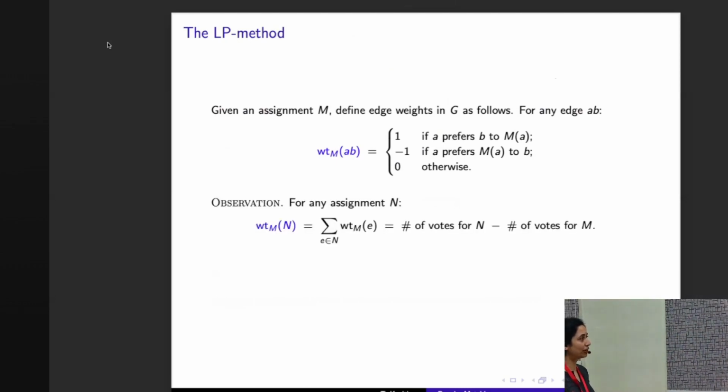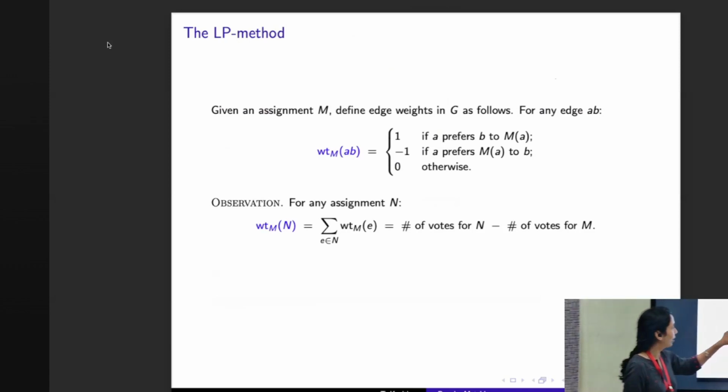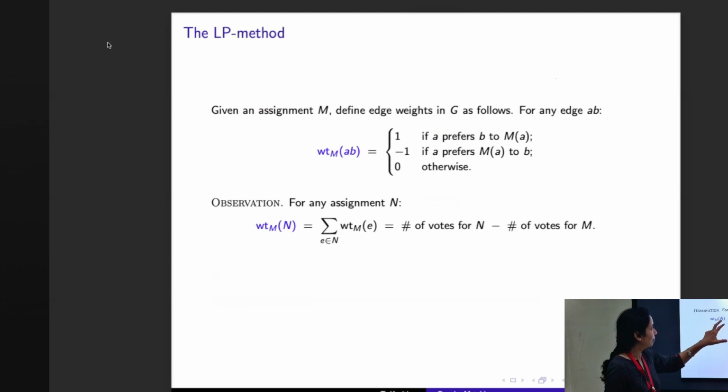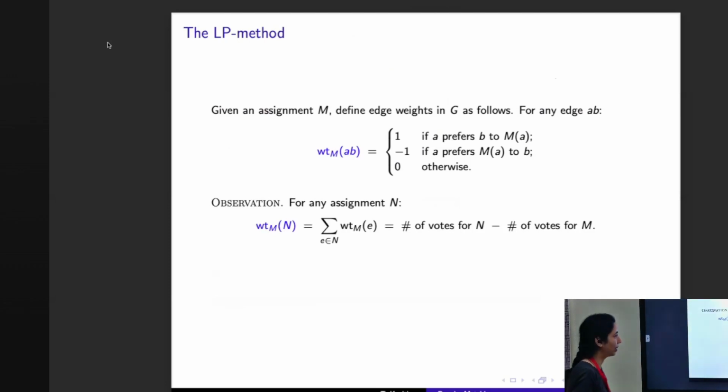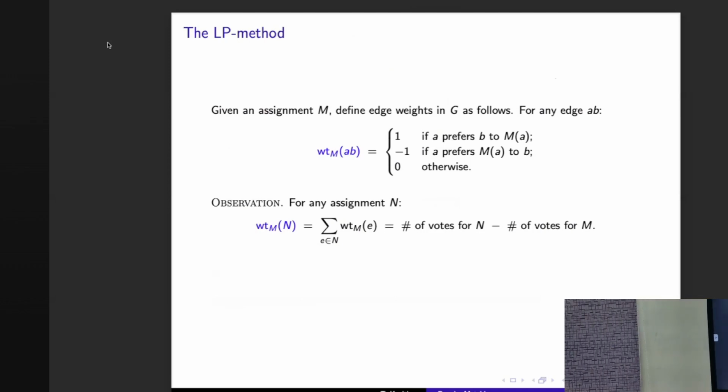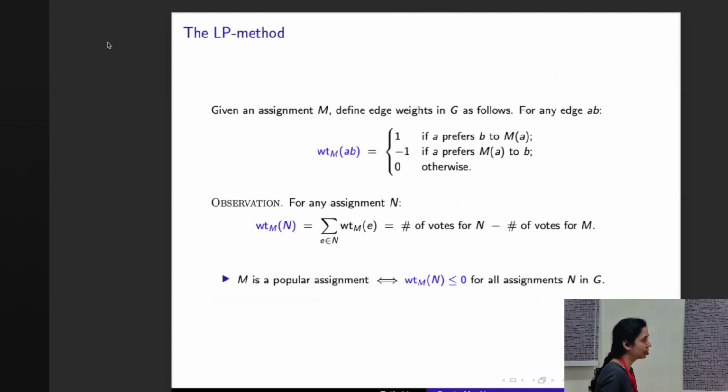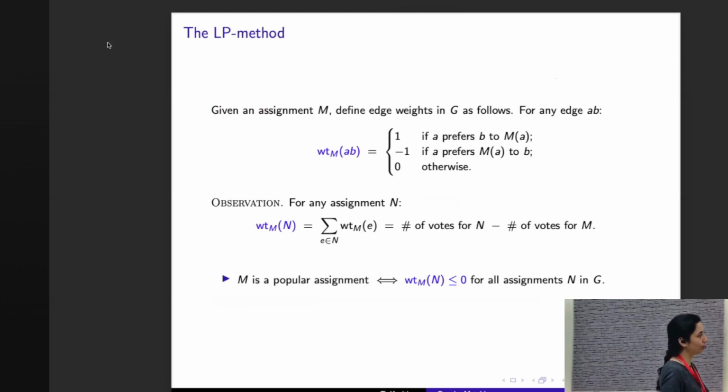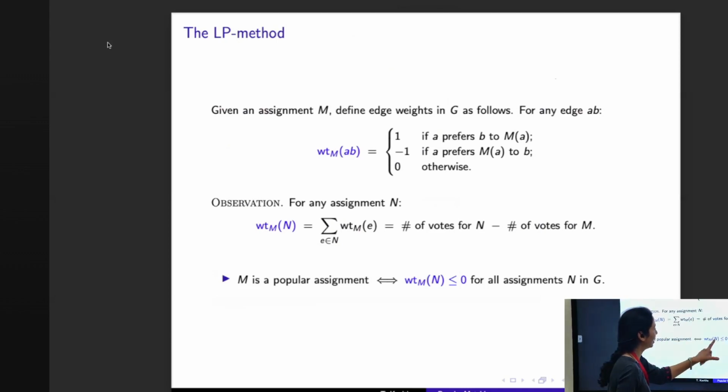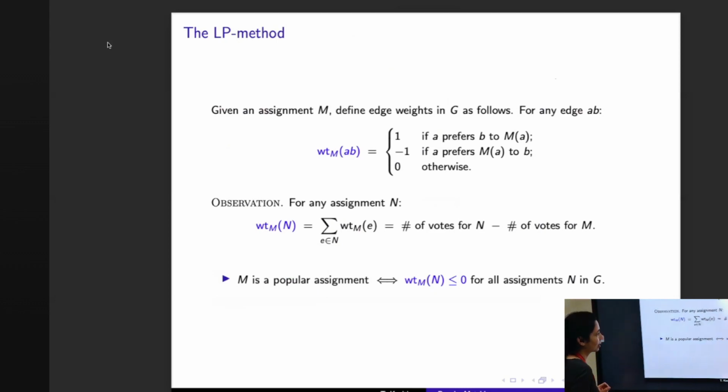For any perfect matching N, the weight of N under this edge weight function is the sum of weights of edges in the matching, and by definition it's the difference between the number of votes that N gets and M gets in the head to head election. So M is a popular assignment if and only if the weight of every assignment under this edge weight function is at most 0.